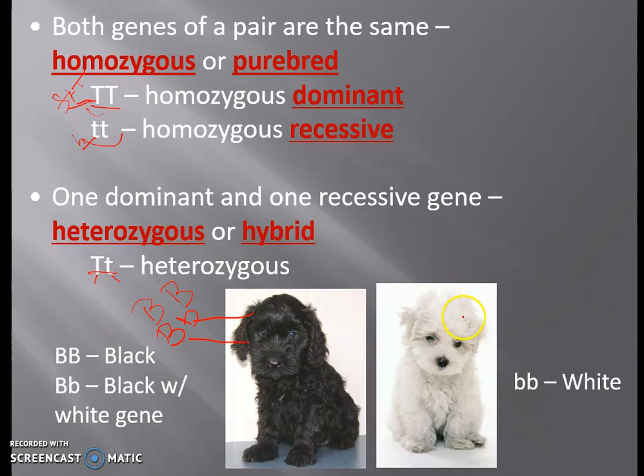Let's look at white with its genes. White is recessive, so to show up in the offspring, it has to be homozygous with lowercase b and lowercase b. So lowercase b and lowercase b is going to be white when it is homozygous recessive. To show black, it can be homozygous dominant or heterozygous because black is dominant.